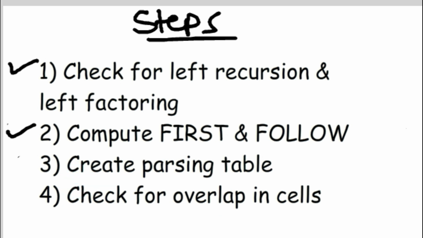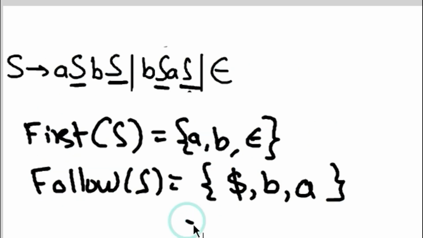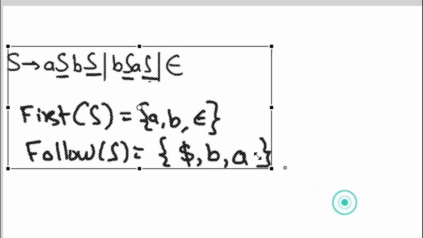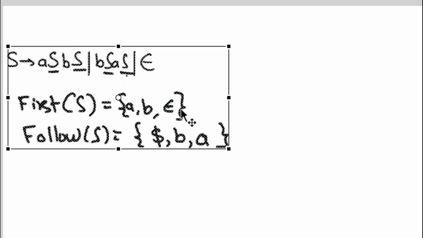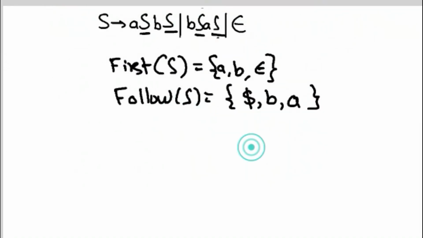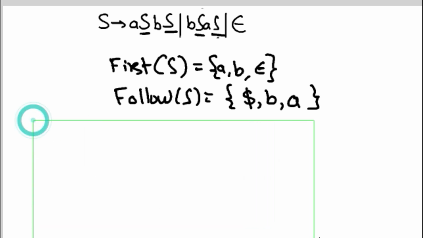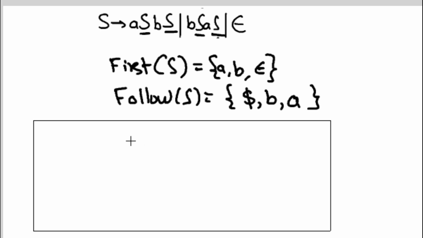Now the third step is to create a parsing table. Let us create a parsing table now. How do we create a parsing table? We have to write all the terminal symbols here and non-terminals here.